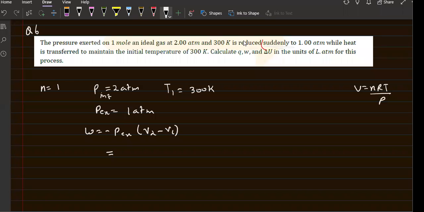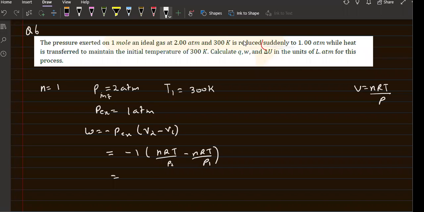What is P external? It is 1, so minus 1, and V2 is nRT by P2 minus nRT by P1.